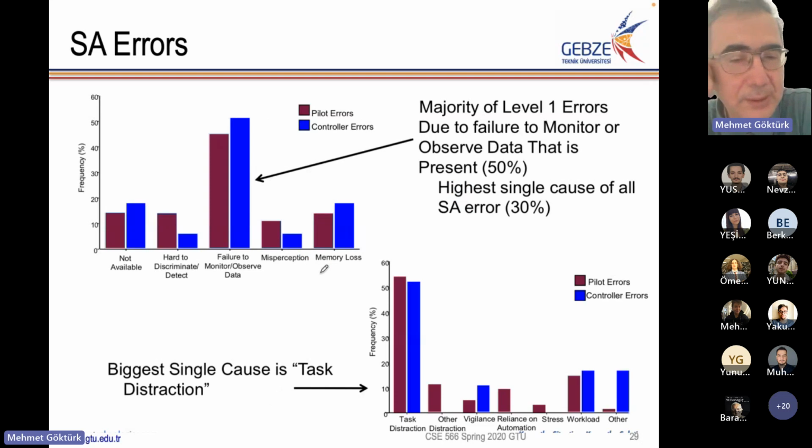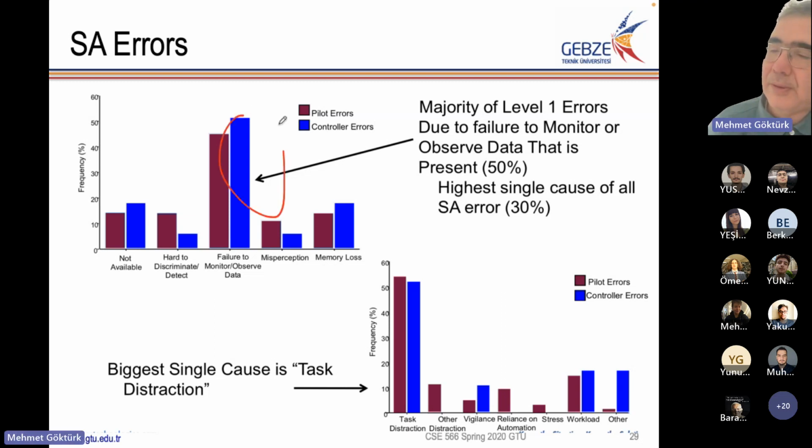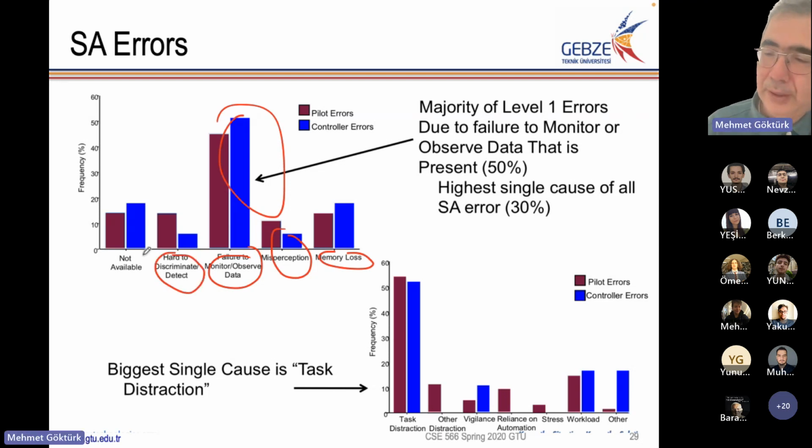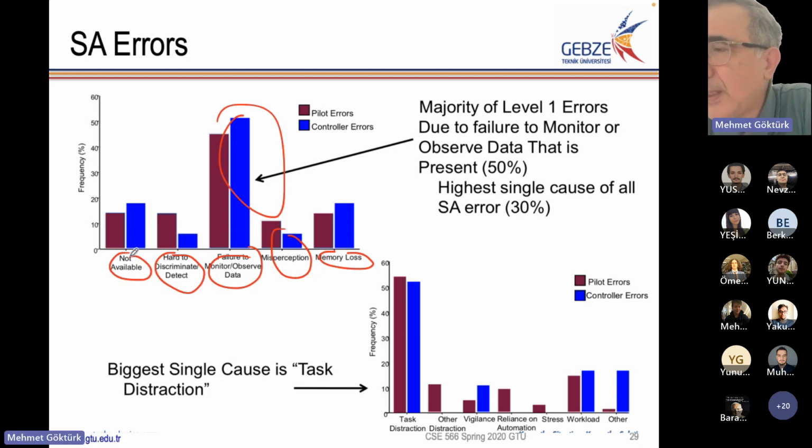They made one study, given in Endsley. They asked questions about the problems. Many times the cause was failure to monitor and observe data. Some of them are misperception, forgetting, hard to detect information, and information that is not available or not given. Blue ones are normal controllers, and the brown ones are pilots.